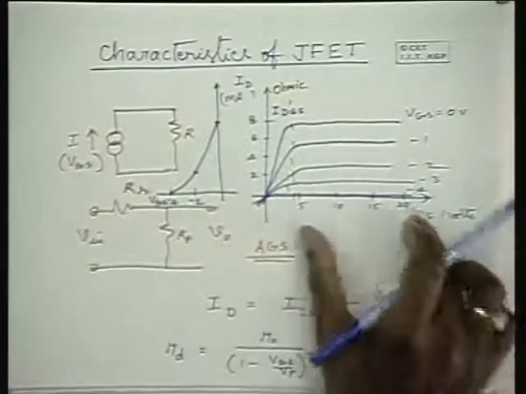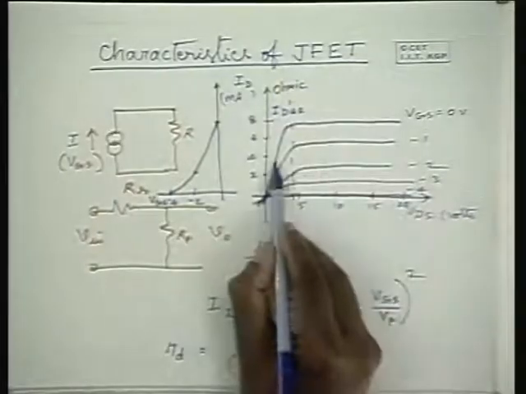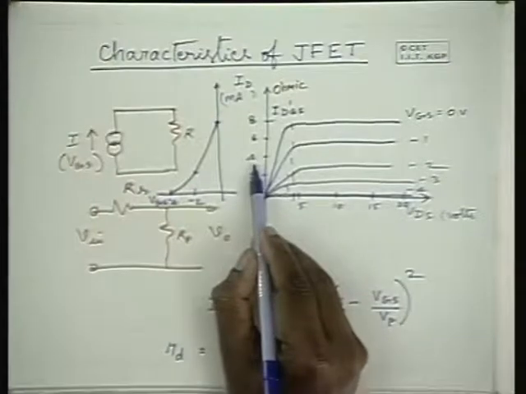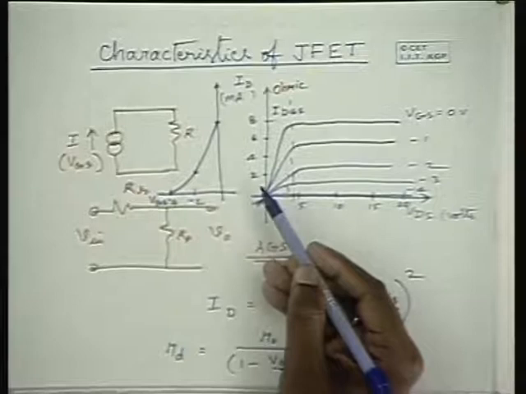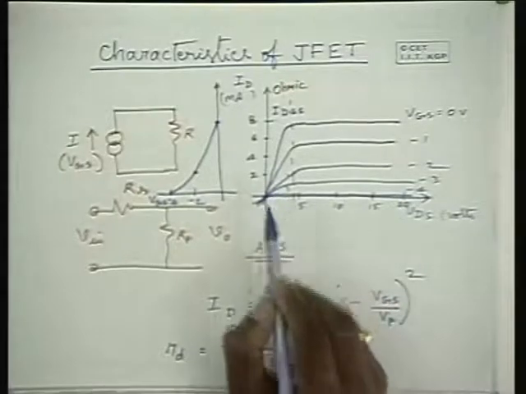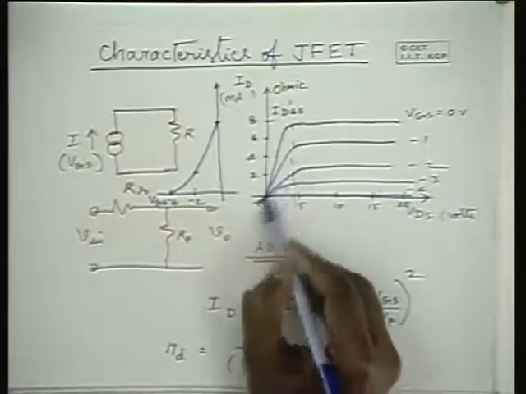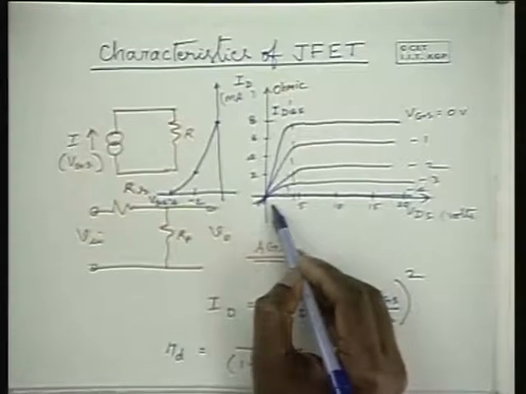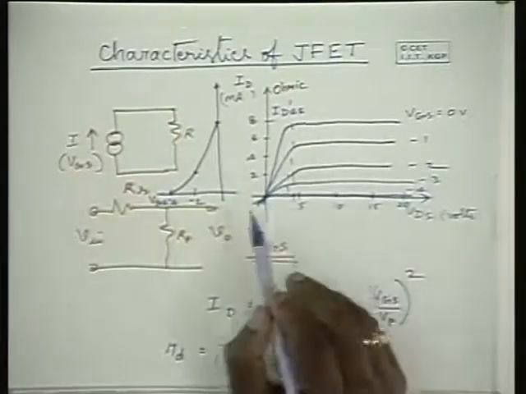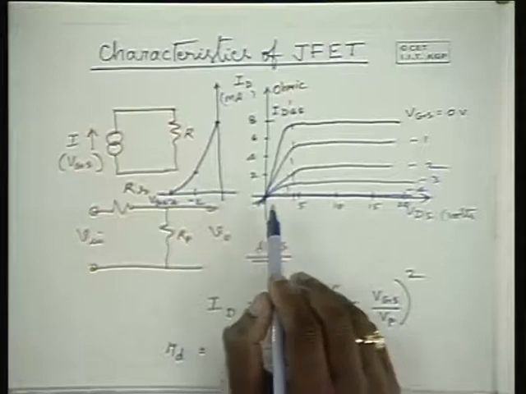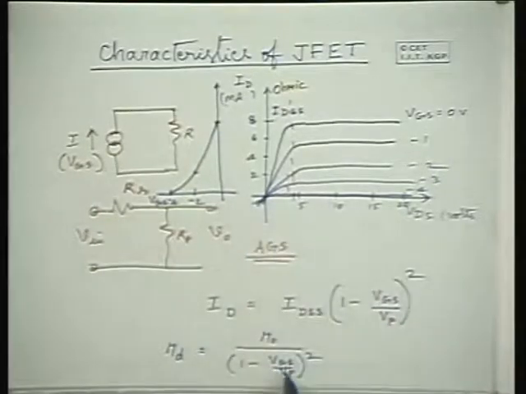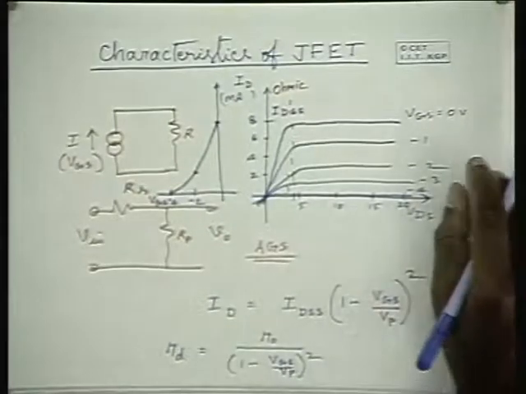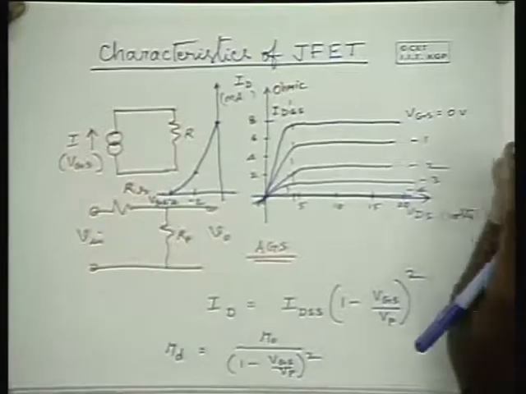So for this voltage a proportionate amount of current flows. So between drain and source it acts like a resistance. But there is a third terminal whose potential decides the slope, the value. Therefore VGS decides the resistance of the channel. So what is VP? As I mentioned, VP is the pinch off voltage.